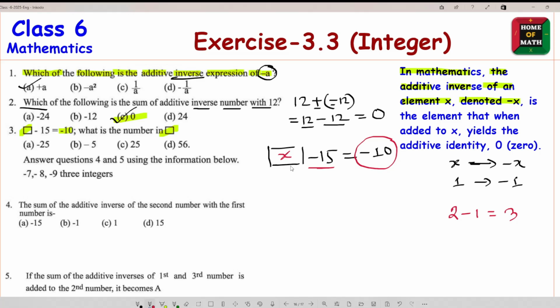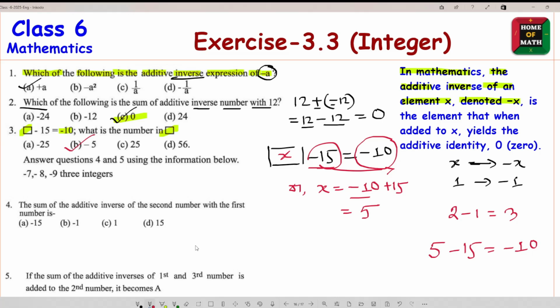Suppose we consider the blank to be x, so we can write x equals minus 10, and once we change side from left to right, it will become plus 15, right? So 15 minus 10 will be 5. It means 5 minus 15 will be minus 10, right? So our answer is minus 5.